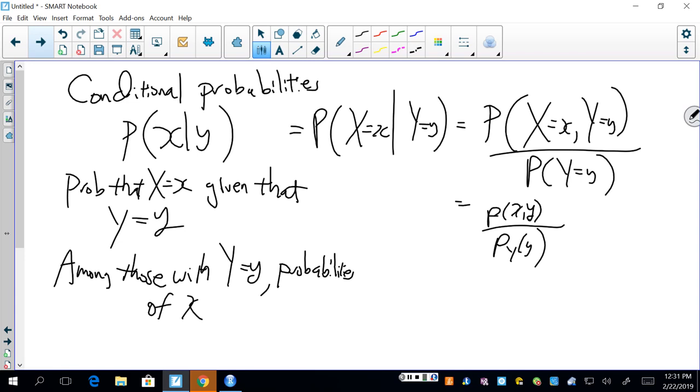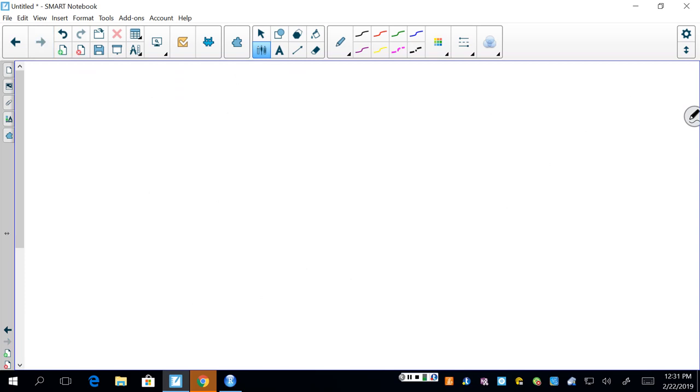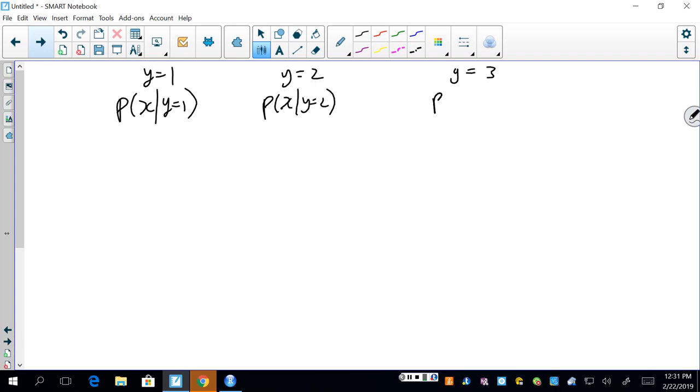So let's make a little table of conditional probabilities. So for the values of y, say y equals 1 or y equals 2 or y equals 3, we could look at the probability of the x values given that y equals 1, or the probability of the x values given that y equals 2, and the probability of the x values given y equals 3.